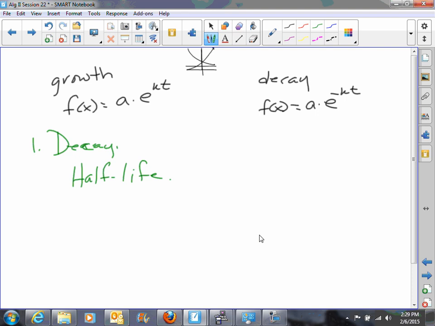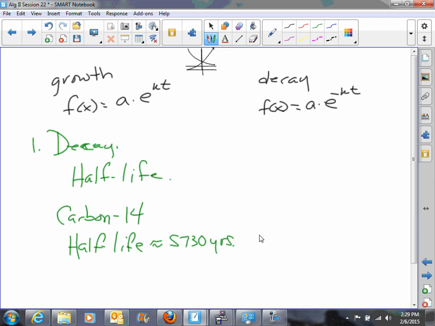The one that I happen to have here is carbon-14. I happen to know some information about carbon-14, so let's talk about carbon-14. Now, the half-life of carbon-14 is approximately 5,730 years.